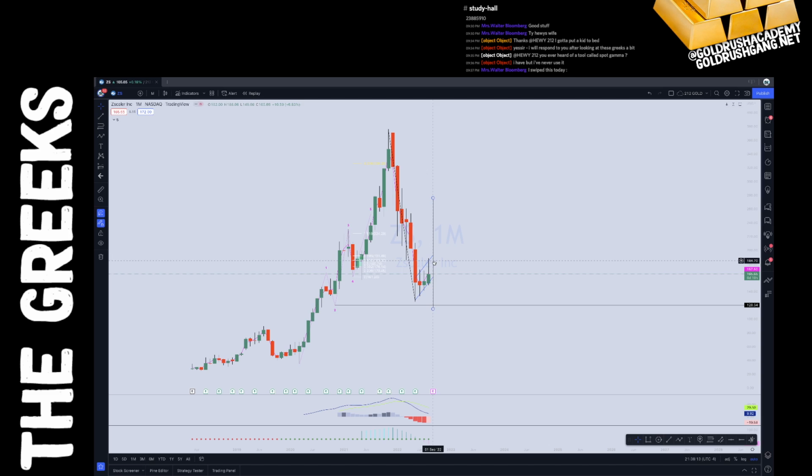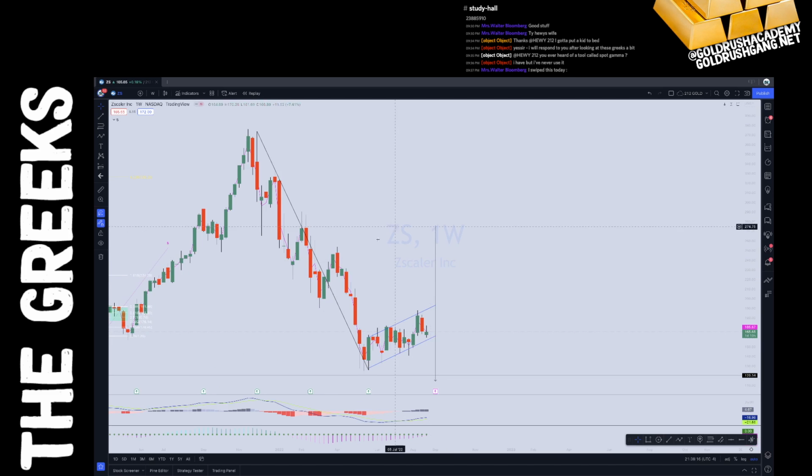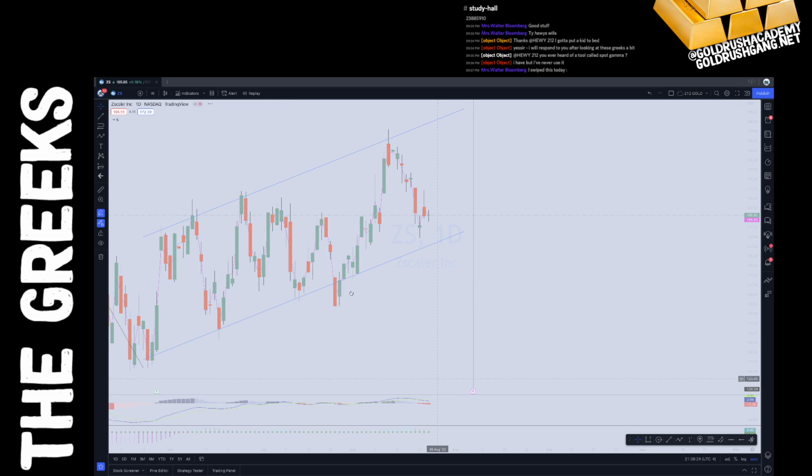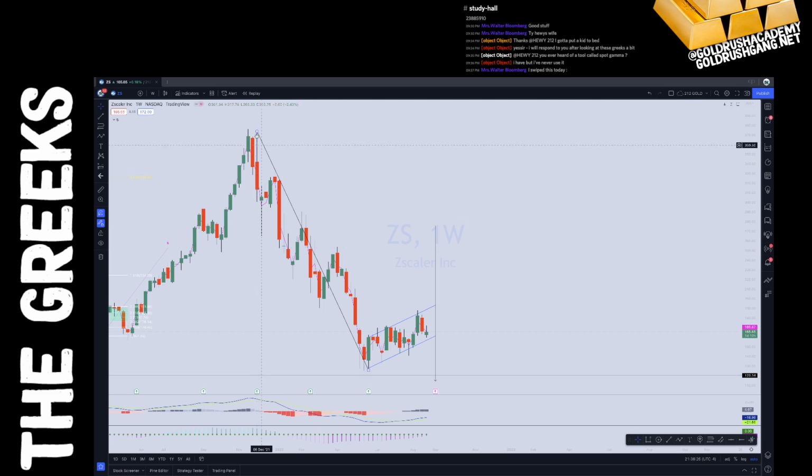Then the 1 week chart shows we're currently in an uptrend. The only thing I see is obviously a big bear flag on the weekly: big move down, come down, bear flag, break down.